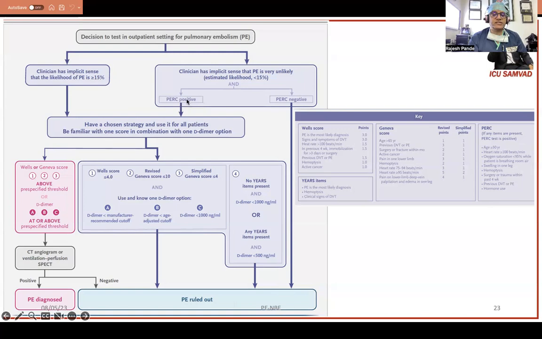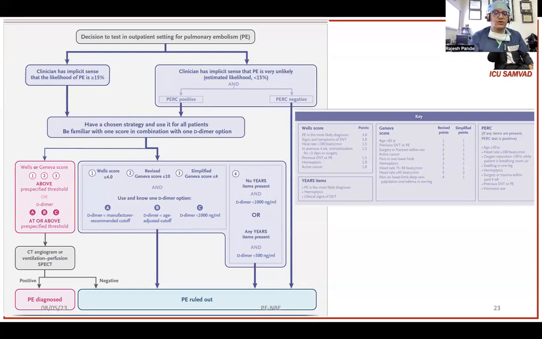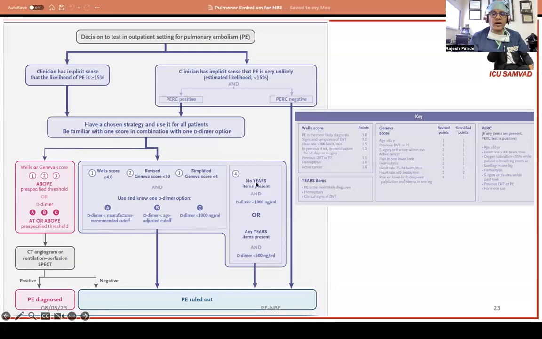If PERC is positive, one or more of these are positive, then we need to look at the other scores, Wells score, Geneva score, revised Geneva score, and also look at the D-dimer values. Now, another criteria that is given is YEARS.